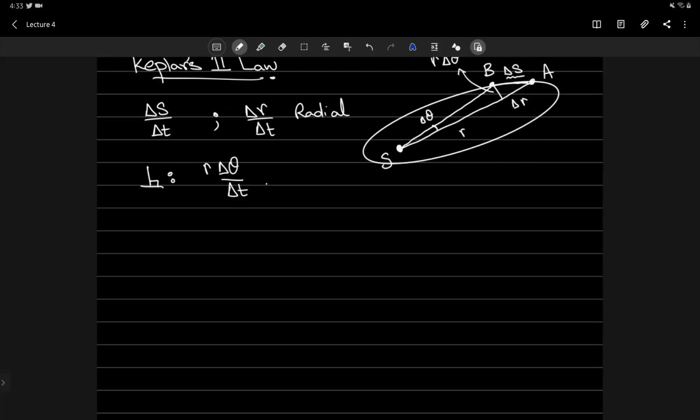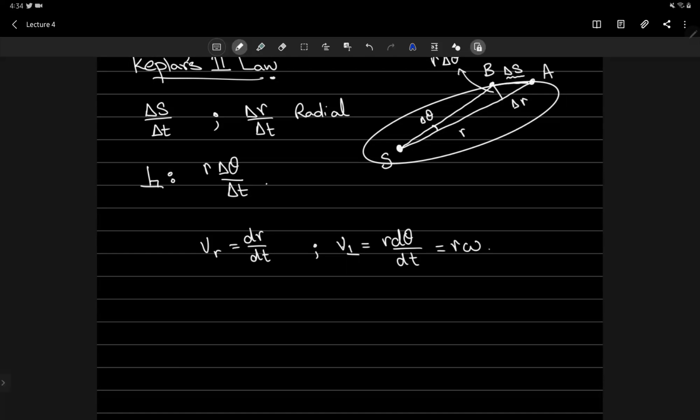So, if we take a small limit of delta s, or we say that delta s goes to 0, then we can write down this radial velocity vr as dr over dt, and we can also write this perpendicular velocity as r times d theta over dt. But we also know that d theta over dt is omega, so this is r times omega.